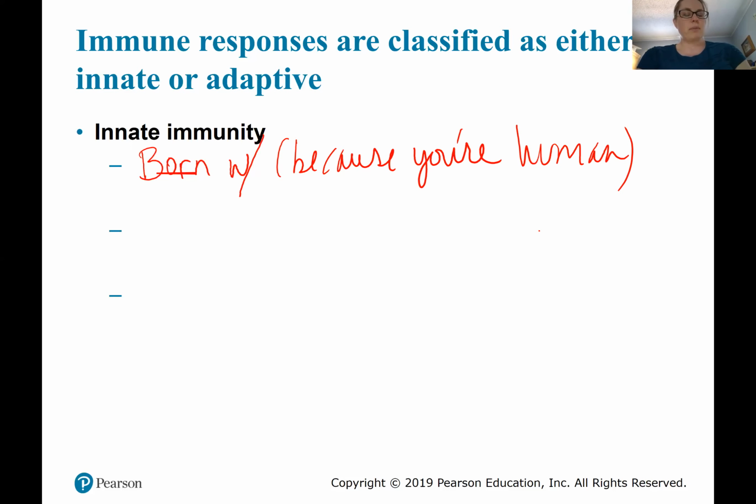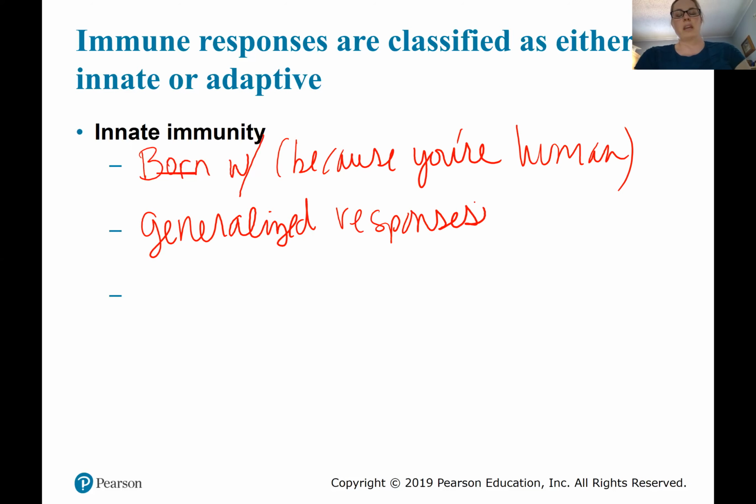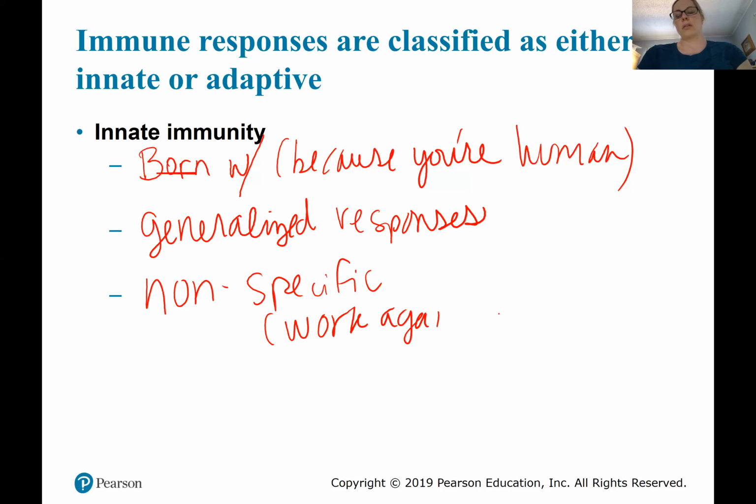Another property of innate immunity is that it has generalized responses, and also that it is non-specific. It's going to work against all foreign invaders.